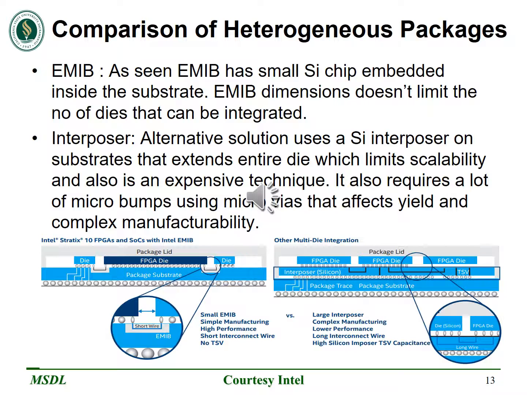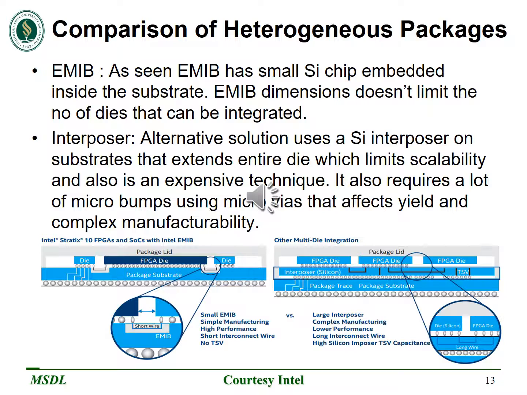Here let's discuss the EMIB and the interposer and how they differ. As seen in the figure, EMIB has a small silicon chip embedded inside the substrate. EMIB dimensions don't limit the number of dies that can be integrated. In figure 1, we can see how the silicon is connected from the FPGA die to the dies on both sides.